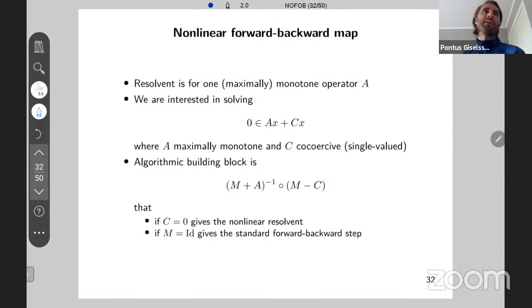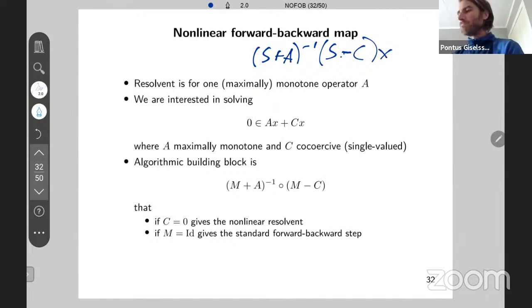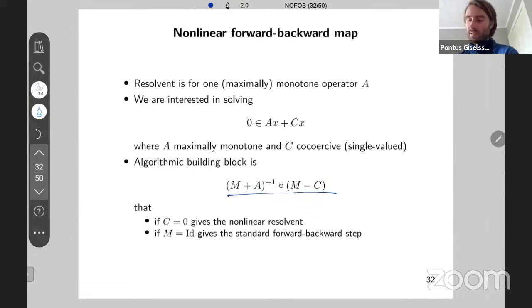So now we will combine in a similar way as we have if S, here this should be minus, if S would be positive definite, let's say in R^n, if we solve a problem in R^n, then this would be the forward-backward map. And the generalization to our setting would be this, where M, the kernel M, is potentially nonlinear, maximally monotone. So if C is 0, we get back the nonlinear resolvent. If M is the identity, we get back the standard forward-backward step. So this will be the basic algorithmic block when we solve problems of this type.